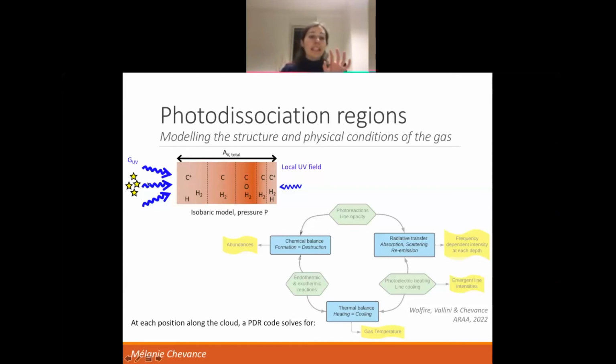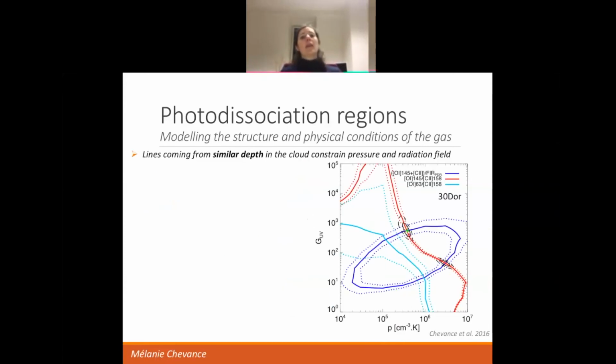So you do that for a grid of GUV, for a grid of pressure, and for a grid of total sizes, and predict, for each of these parameters, what are the emission lines that are coming out of this cloud. So we can compare these predictions with observations to try and constrain these parameters.